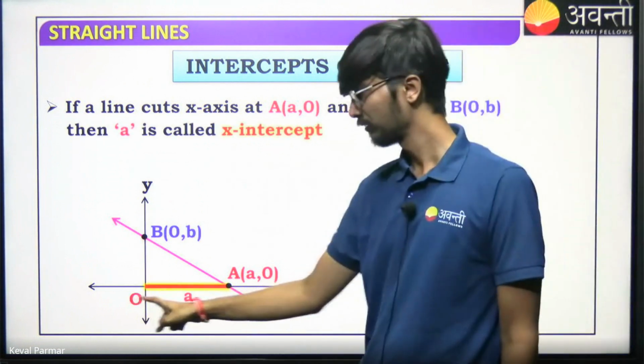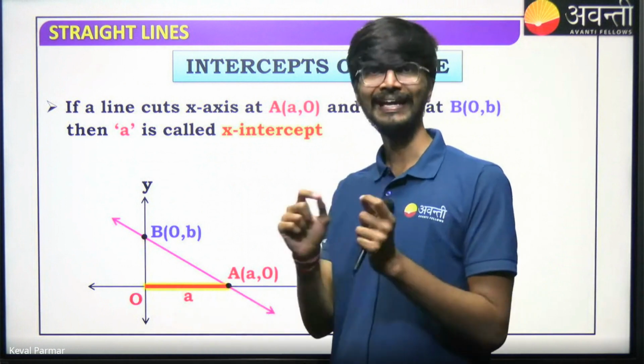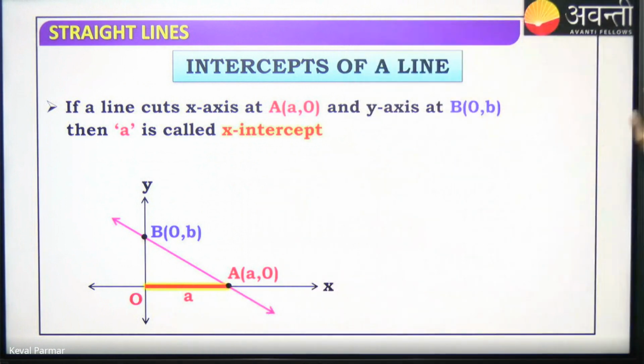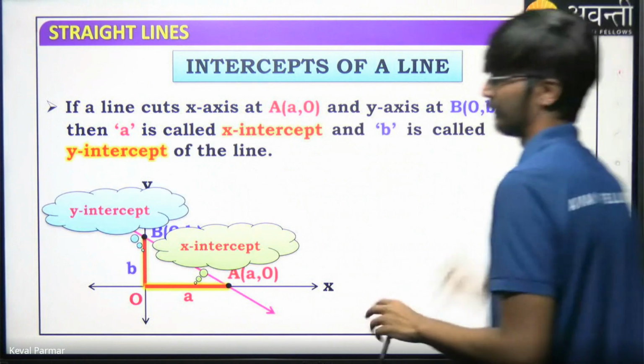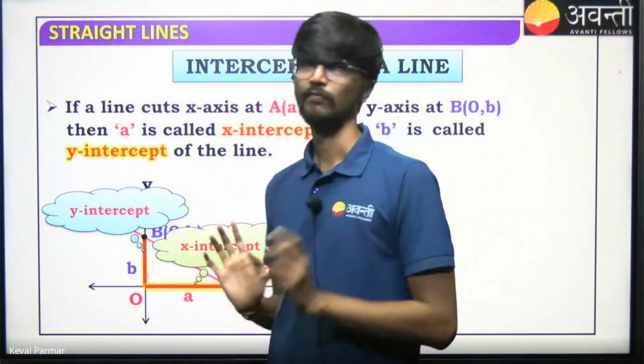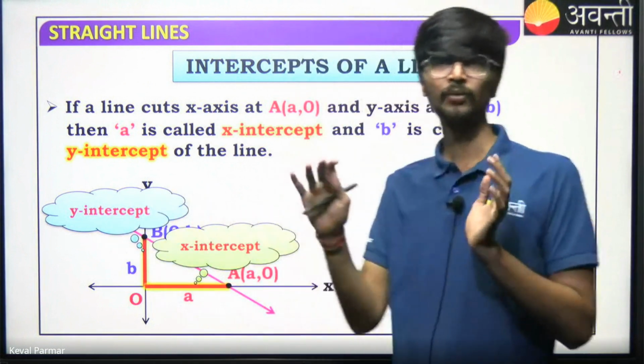As you can see here, this length is called the x-intercept. And B is called the y-intercept. This length is called the y-intercept. I hope it is clear, very simple to understand.